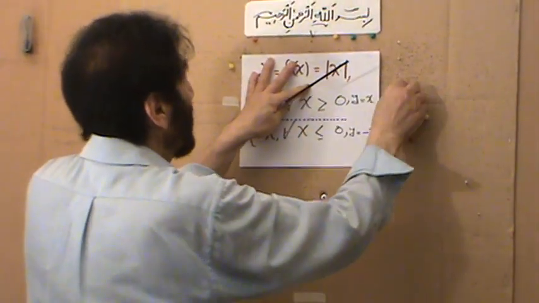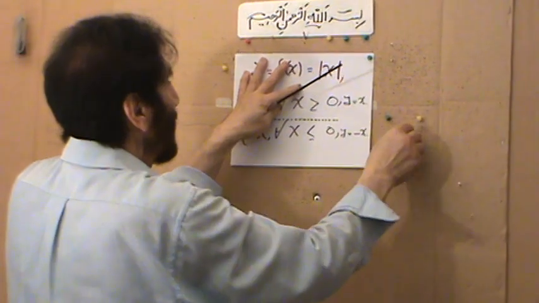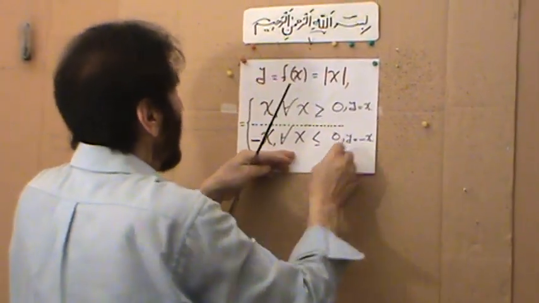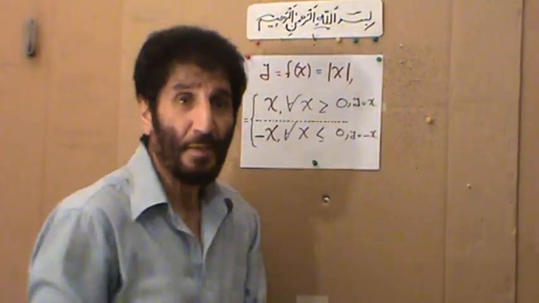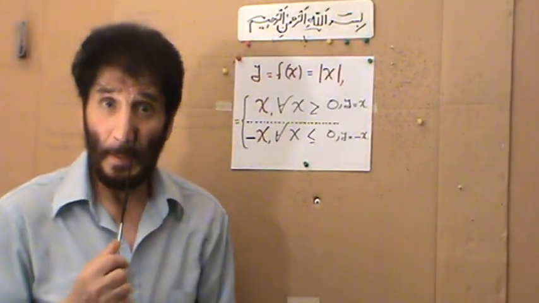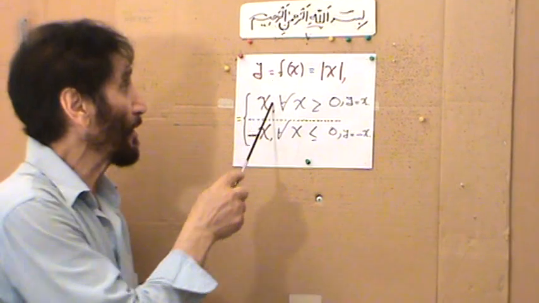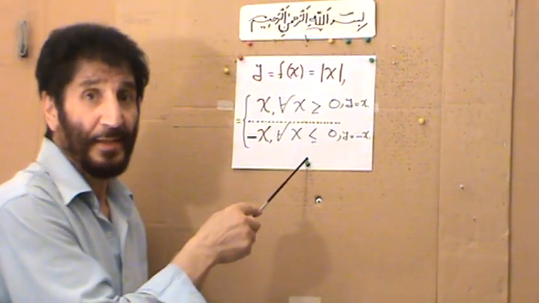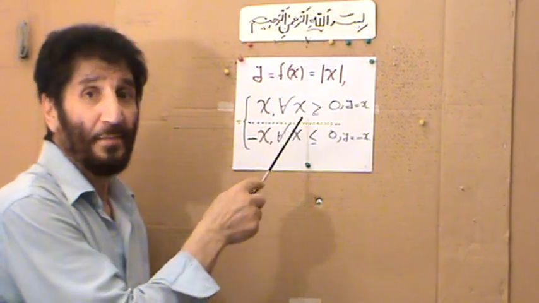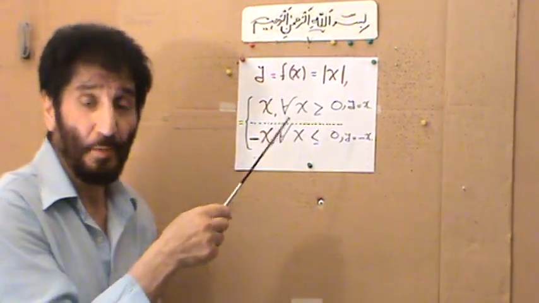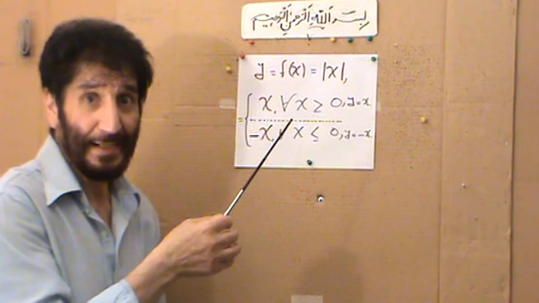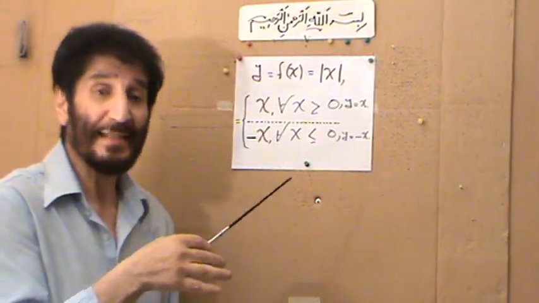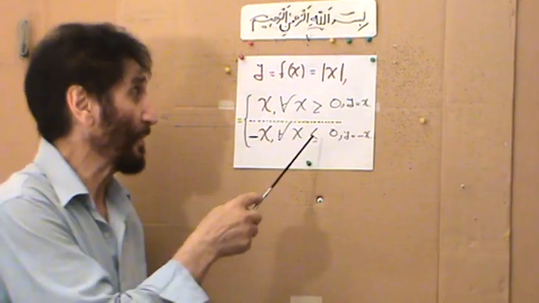With respect to the definition of absolute value, we go ahead and make a definition for the absolute value function. As I have written, it is defined in two parts. One is for all the values that x can assume greater than or equal to 0, and the second is all the x's that are less than or equal to 0.